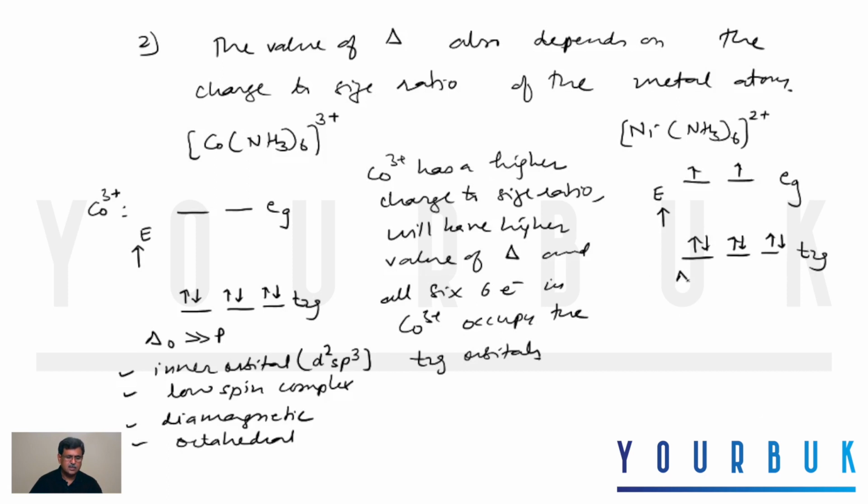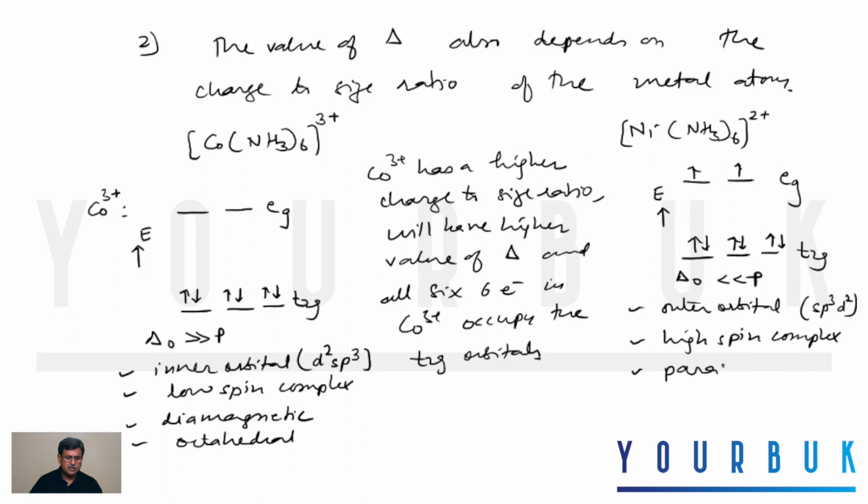As a result, in this case, delta O is very, very small in comparison to P. The complex is called an outer orbital complex, sp3d2 hybridized. Second point, it is a high spin complex. Since we have 2 unpaired electrons, the complex will show paramagnetism. So it's a paramagnetic complex attracted towards the magnetic field and is octahedral in shape.